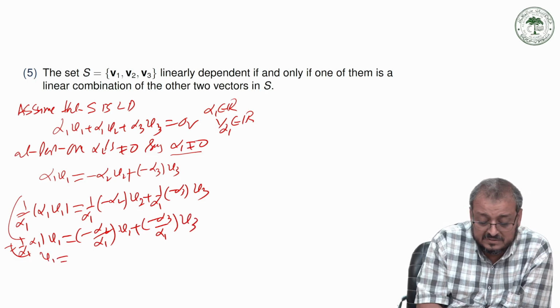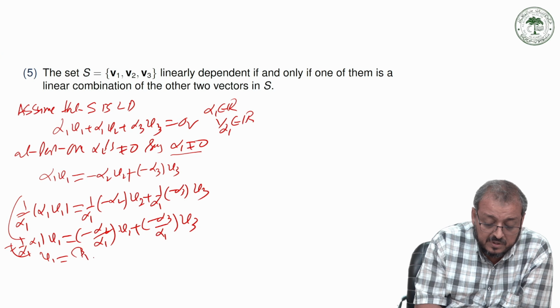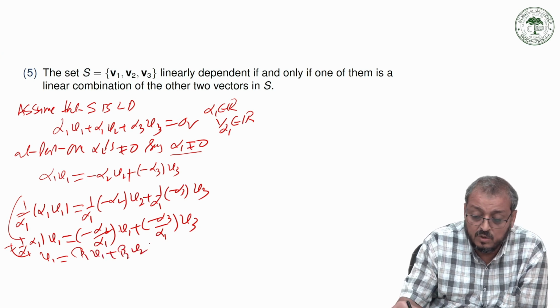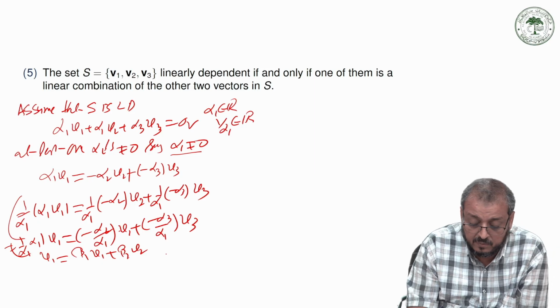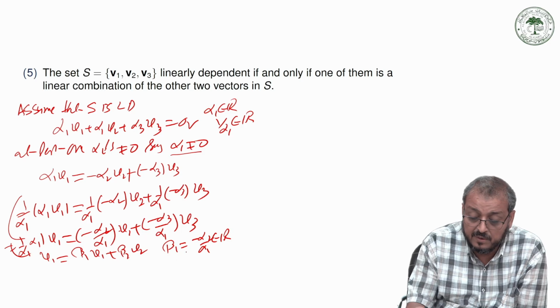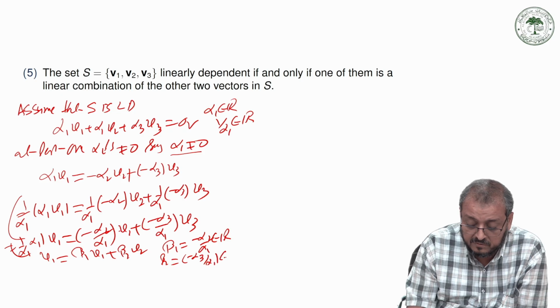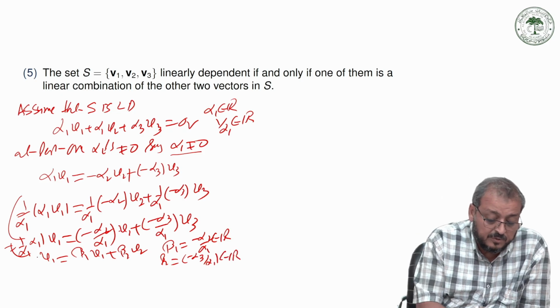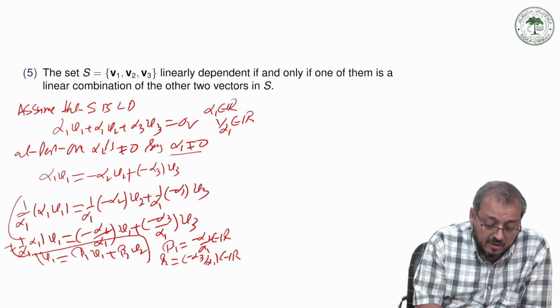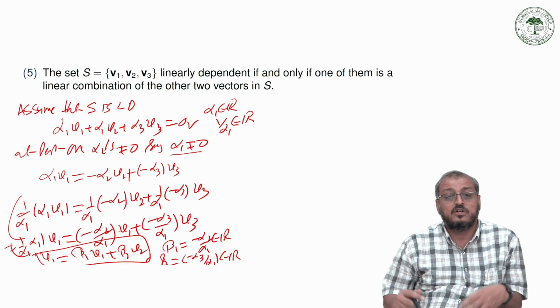So V1 can be written as beta 1 V2 plus beta 2 V3, where beta 1 is equal to minus alpha 2 upon alpha 1, an element of R, and beta 2 is equal to minus alpha 3 upon alpha 1, again an element of R. So V1 can be written as a linear combination of the other two vectors.